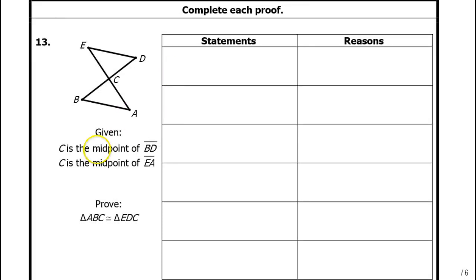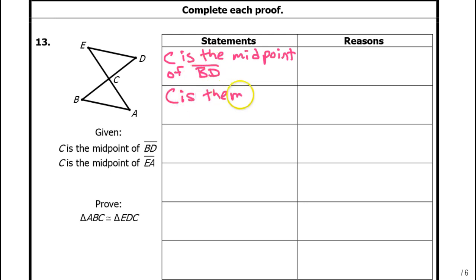Number 13, we are given that C is the midpoint of BD. And we are given that C is the midpoint of segment EA.